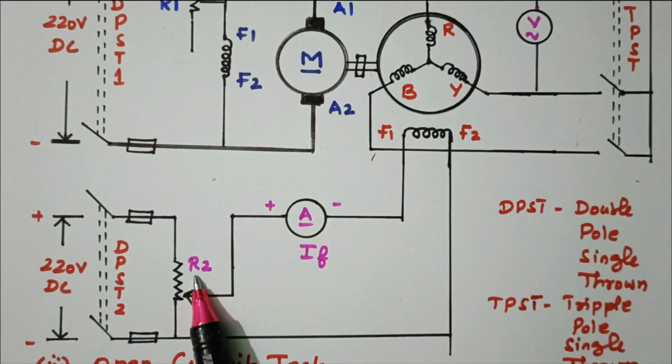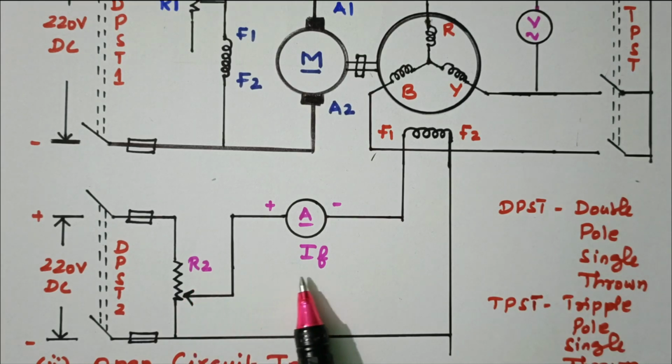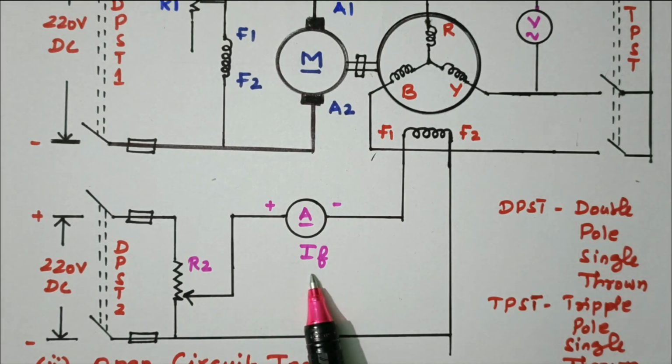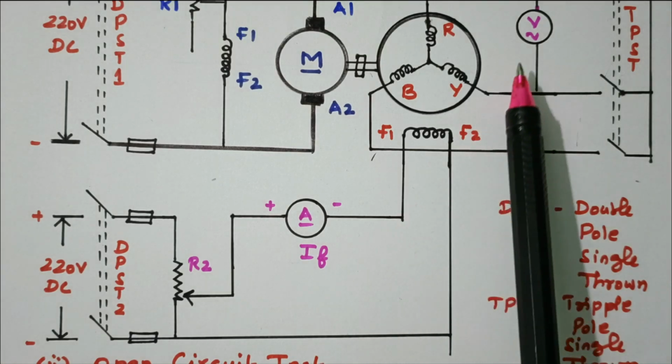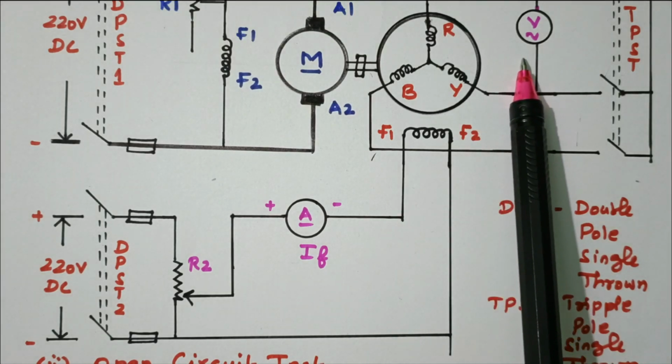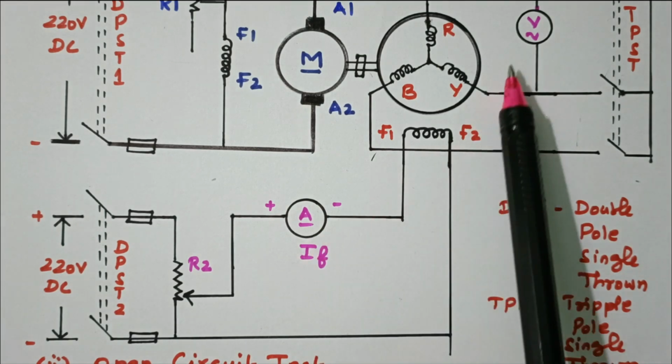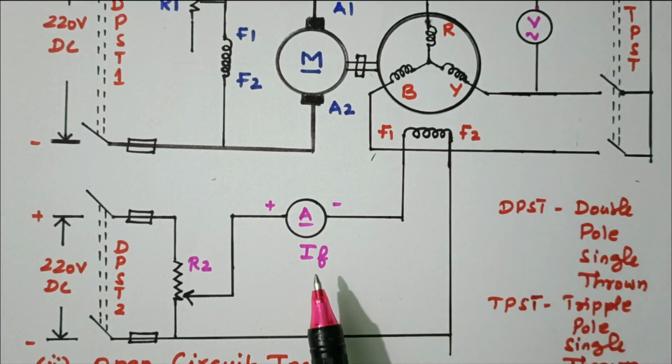Then by varying R2, we can vary the current flowing through the field winding, IF. For every variation, we measure the field current IF and the no load voltage VOC. These two readings are noted down and tabulated. So this is the procedure for the open circuit test.